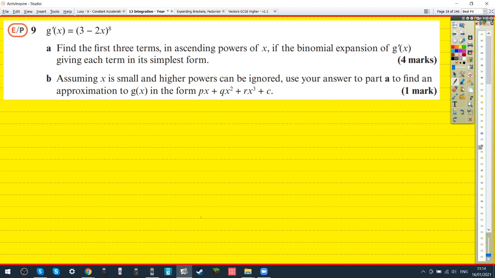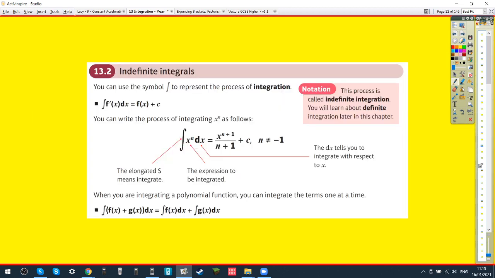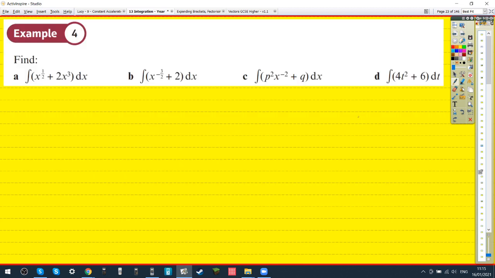I want to check if exam questions are similar. It seems like it should be, but we'll see. These are fine. Let's try questions C and D.